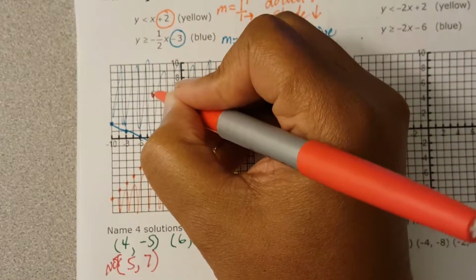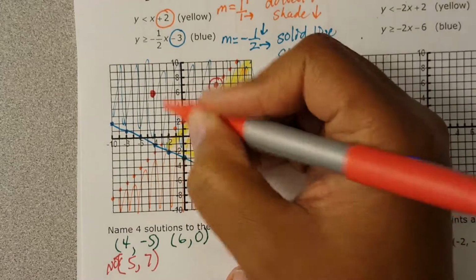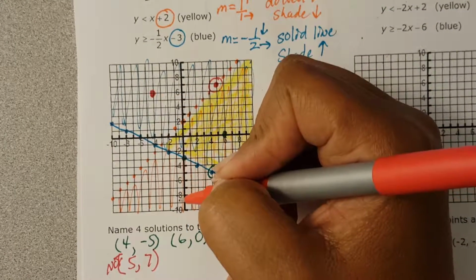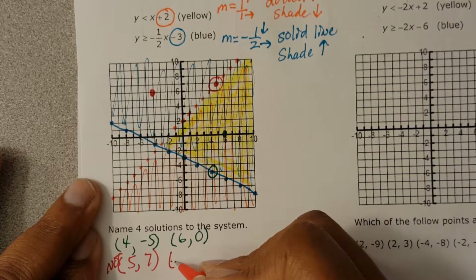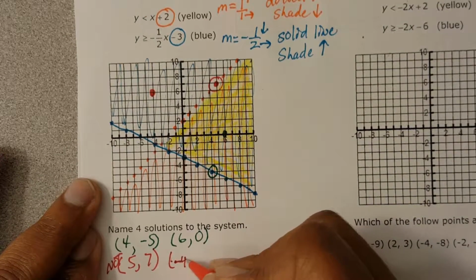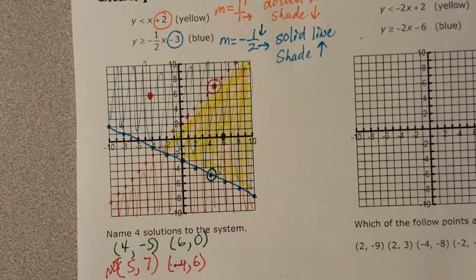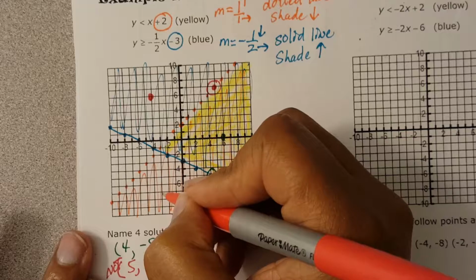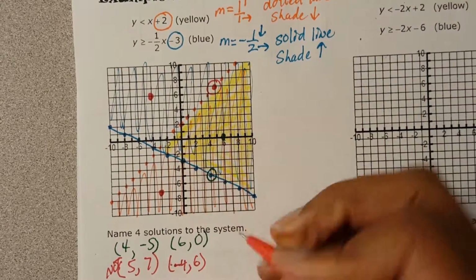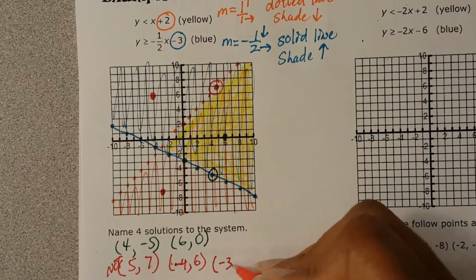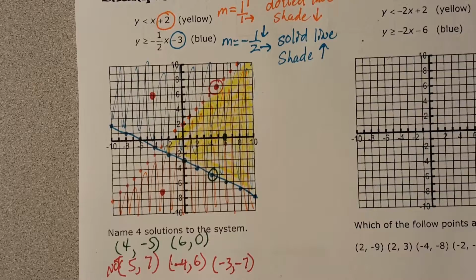If I am here in the blue, but not in the blue and orange, I am not a solution. So again, the point -4, 6 is not a solution. If I am down here in just the orange section, the point -3, -7 is not a solution.